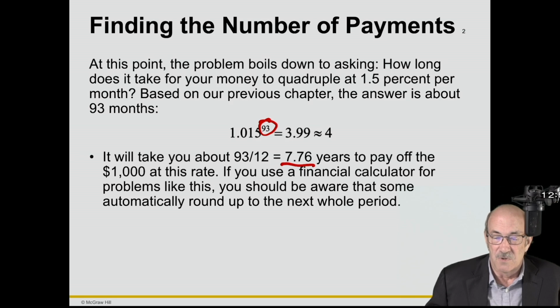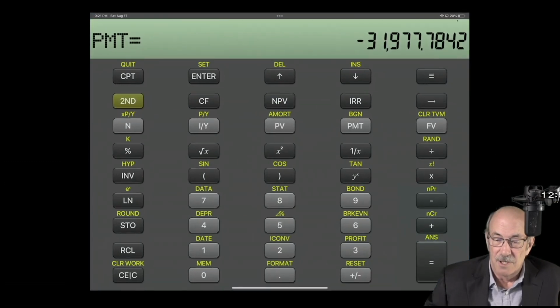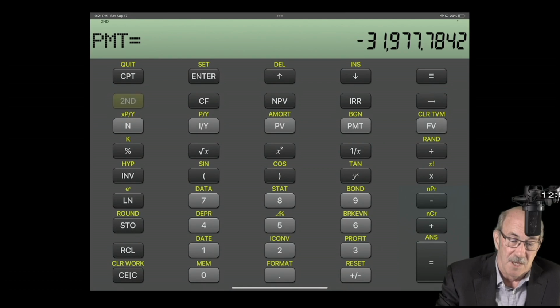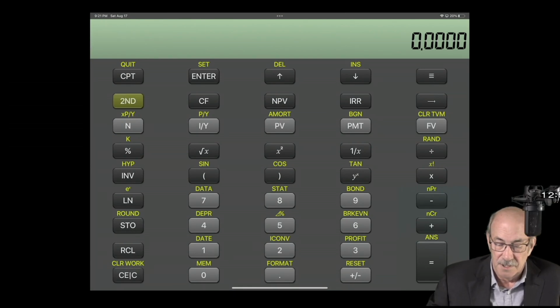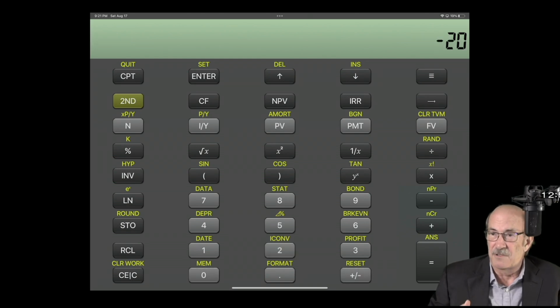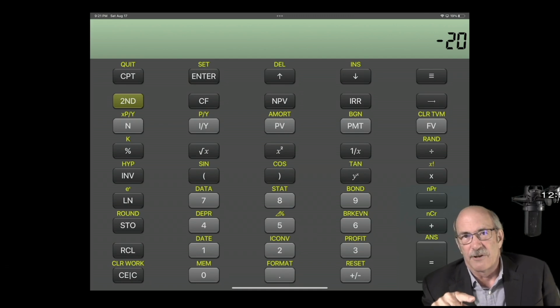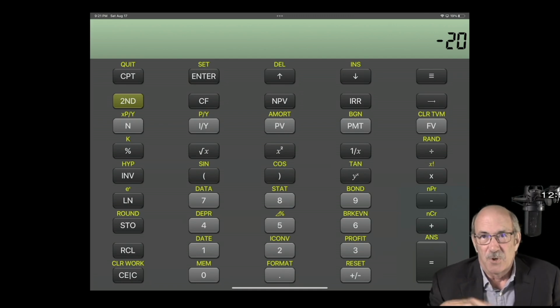The amount of interest that you pay on that is just mind-numbing. In fact, we'll calculate that in just a minute. Let me show you how to do this, though, on the calculator and clear out our registers. Okay, so we have $1,000 that we borrowed today. Zero out my FV, and we're going to make $20 payments. Make sure that the sign is the opposite of whatever you put in for the PV. I put in a positive 1,000, so I'm going to pay 20.